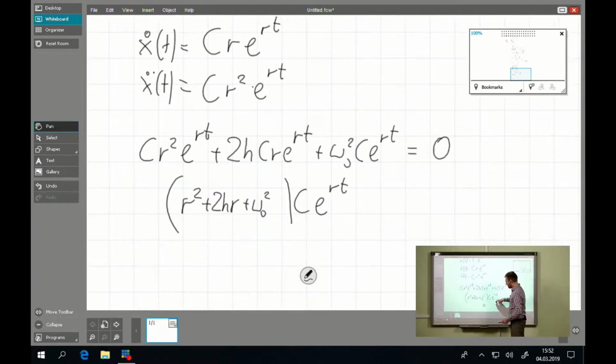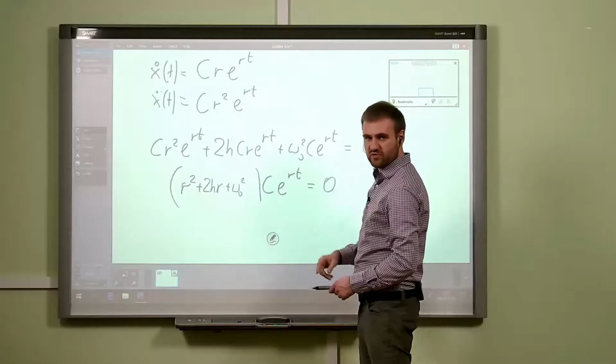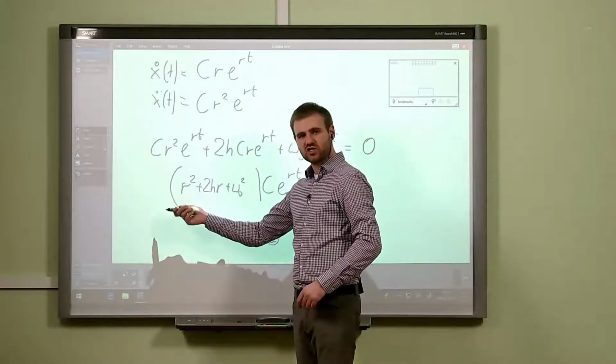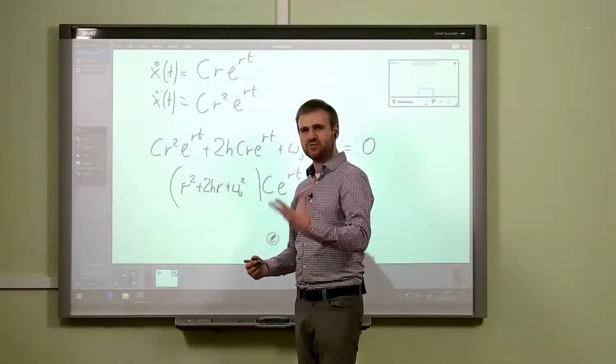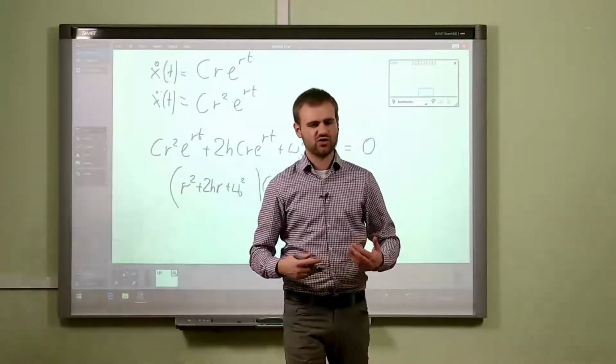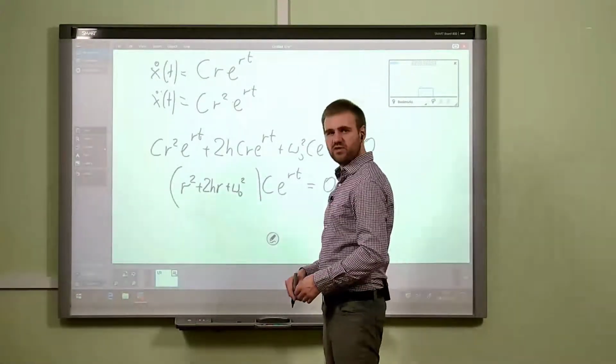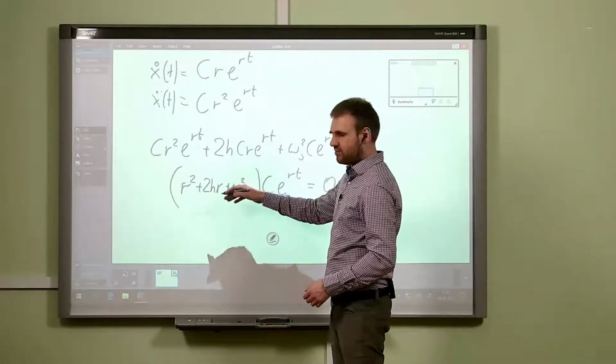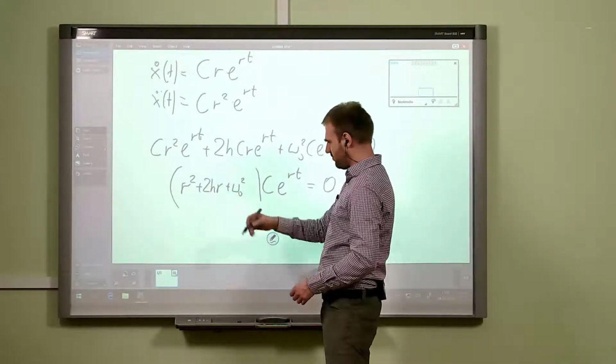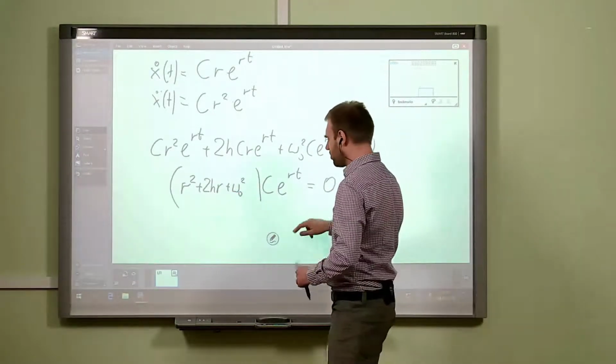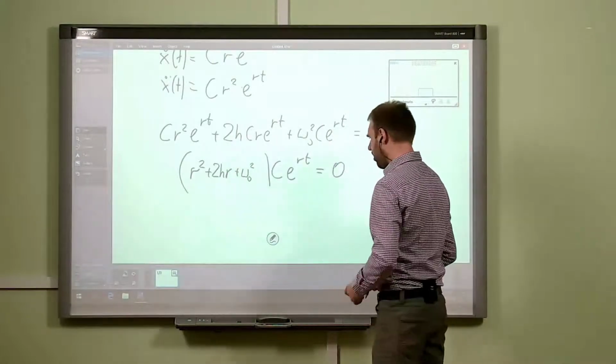Okay, and here we see, like in the previous video, that we have that C exponent RT as a term connected with the predicted solution, and something which is called the characteristic polynomial. I mean, some description of the physical parameters of the physical dynamic response of the system, and we see it depends only on the system properties. Okay, how to solve it?